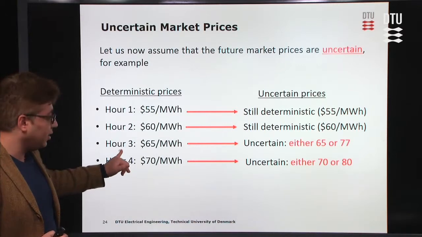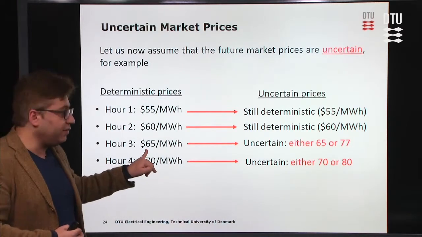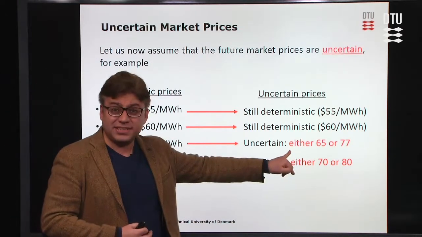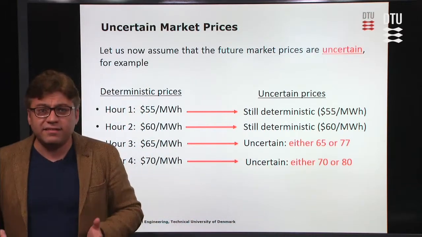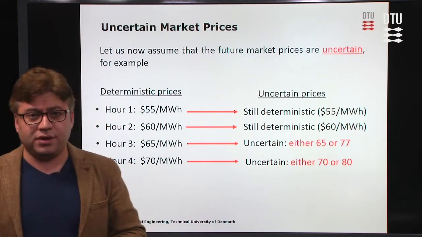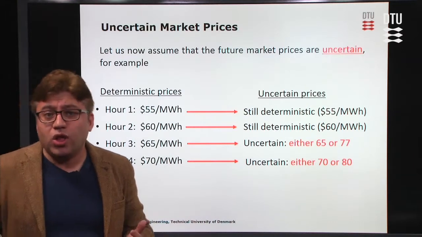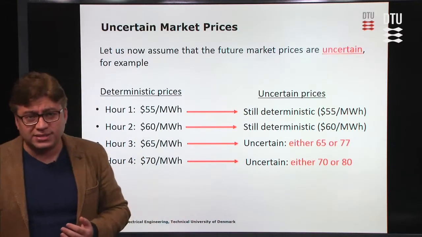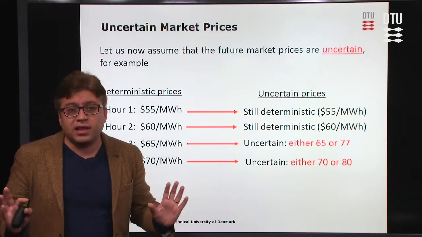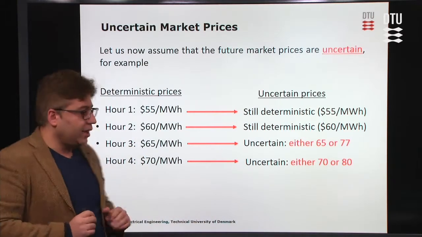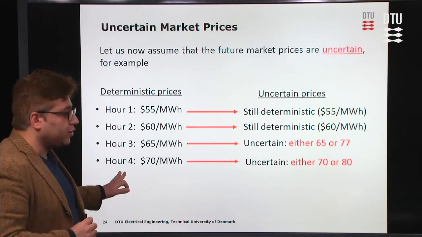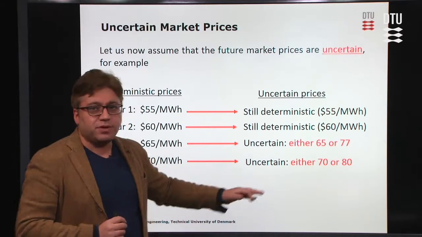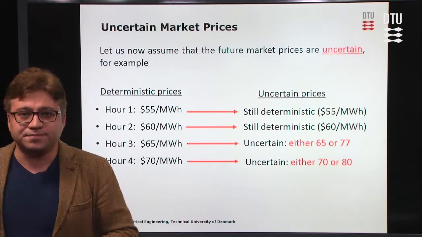In hour 3, instead of 65, it could be either 65 or $77 per megawatt hour. So we don't know which one exactly will be realized, but assume that it will be one of them. And the same story for hour 4, where the market price might be 70 or 80. Good.